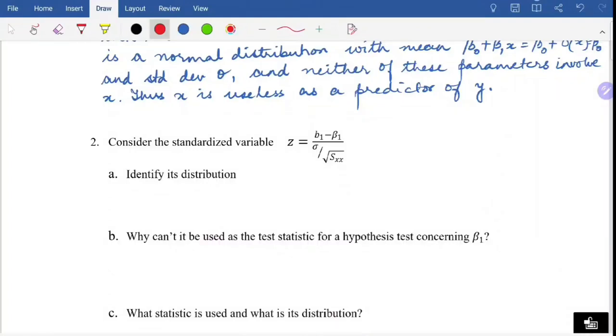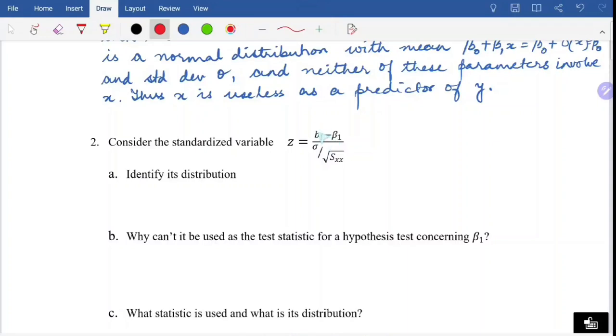Now question number 2 says, consider the standardized variable. Just a second, let me pull up my cursor here. Consider the standardized variable z equals b sub 1 minus beta sub 1.